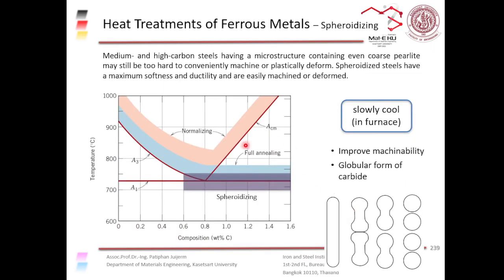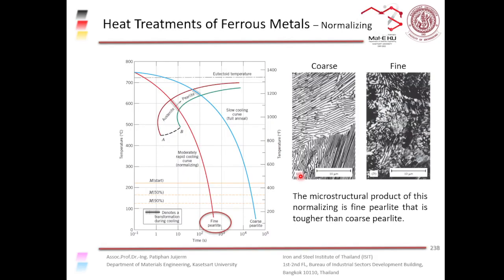But for medium and high carbon steel, from 0.6% carbon up to about 1.2, 1.4 percent carbon, you have a lot of cementite in the form of cementite plates in the pearlite structure.